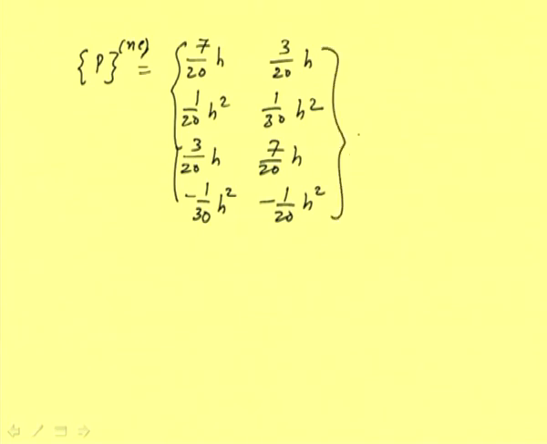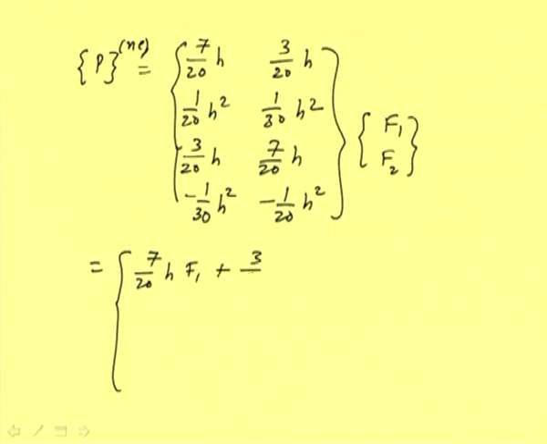Here the force vector is also there at the nodes, F1 and F2. If we multiply them, we will get 7 by 20 h F1 plus 3 by 20 h F2. Other terms can be obtained on the same lines.